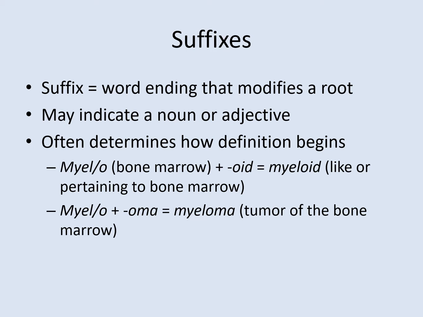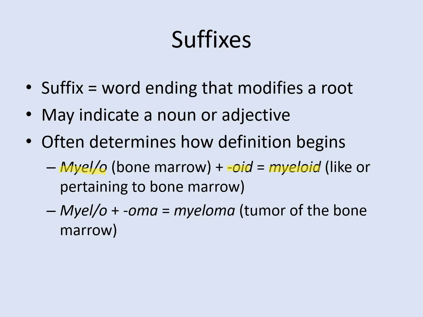A suffix is a word ending that modifies a root. It may indicate a noun or an adjective, and it determines how the definition begins. In this case, we have a root of myelo, which refers to bone marrow, and oid being the suffix. The word is myeloid, meaning like or pertaining to bone marrow.